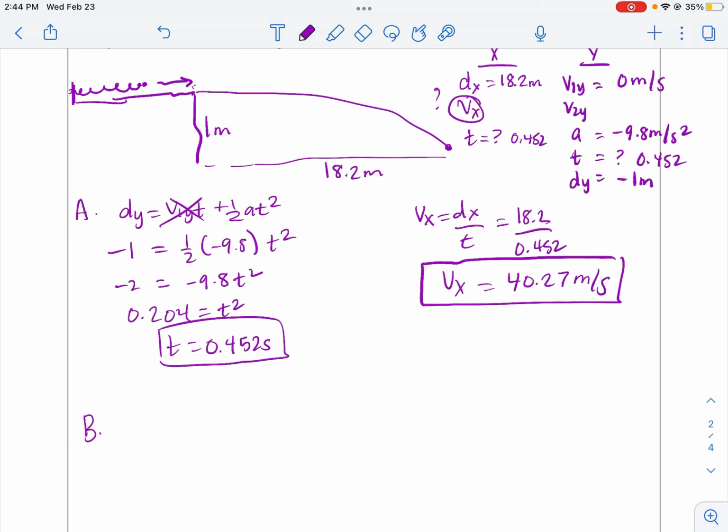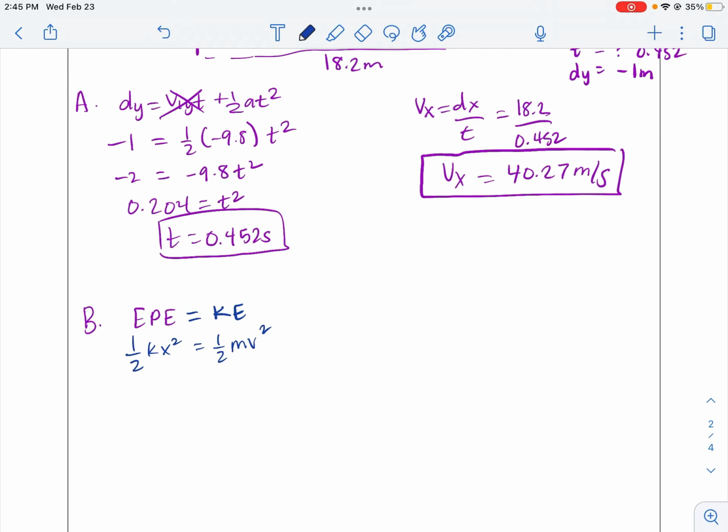So we can say elastic potential energy in situation 1, which is the time it's on the table. Elastic potential energy gets converted to kinetic energy. So we've got 1/2 kx squared equals 1/2 mv squared.